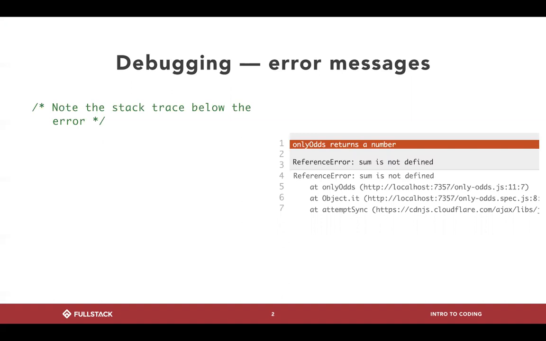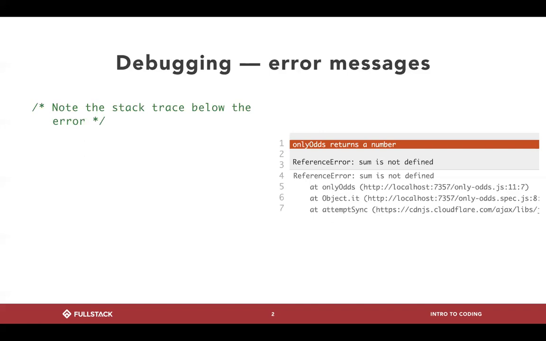A stack trace is basically just a list of where the error occurred, and it does it in layers from the most specific to the least specific.